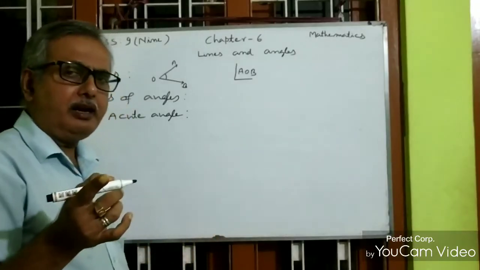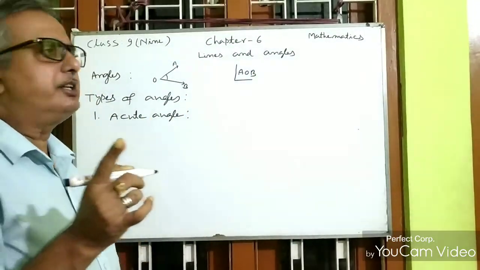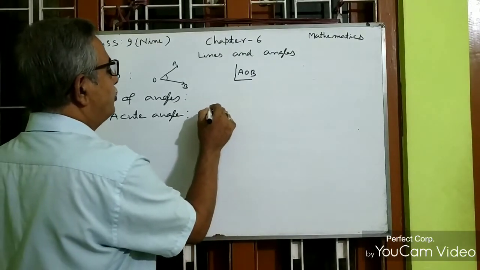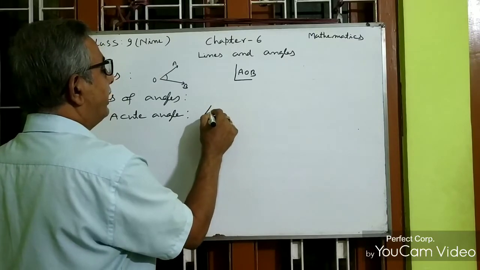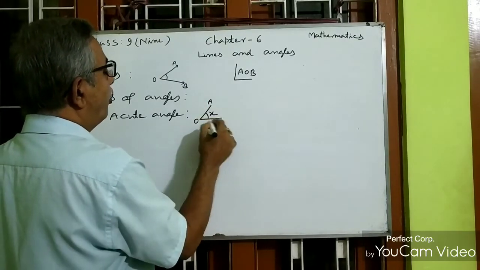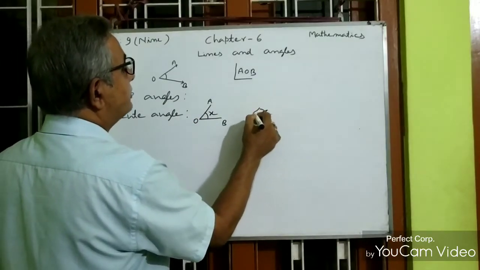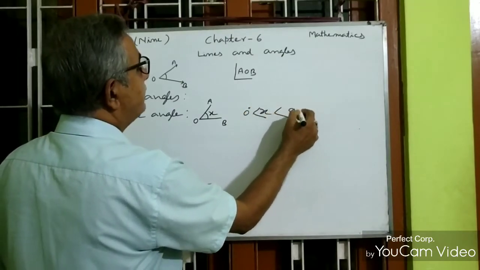The angle more than 0 degree but less than 90 degree is called an acute angle. Here X is there. Suppose AOB is there, and X is greater than 0 degree but less than 90 degree.